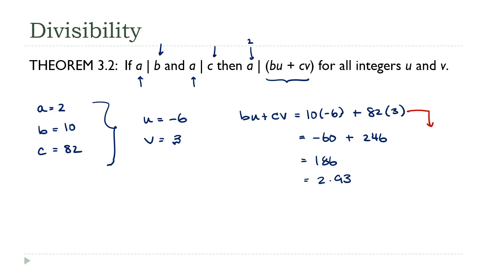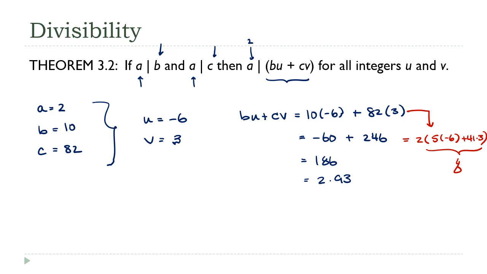If I take a 2 out, this becomes 2 times 5 times -6 plus 41 times 3. That's an integer, and that's what I needed to show, that this sum is equal to 2 times some integer, and that is how my proof is going to progress.